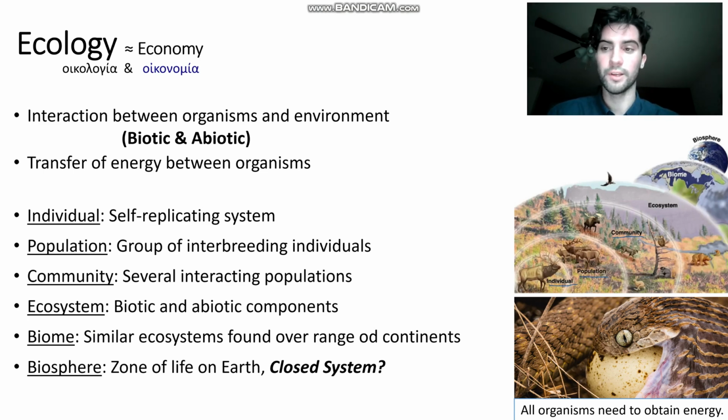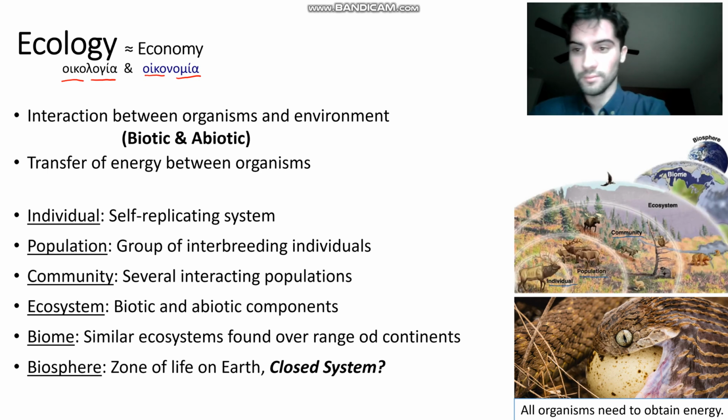Ecology comes from the Greek, oiko means house and logia means study, and the word economy also means house, and nomia means management. So they are similar in some ways, and we will look at how.